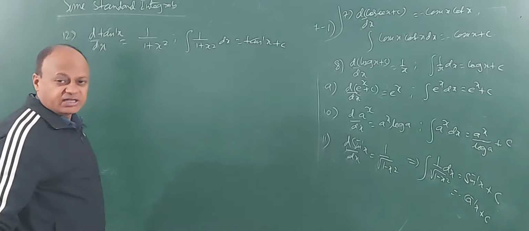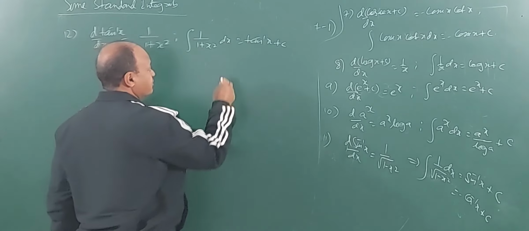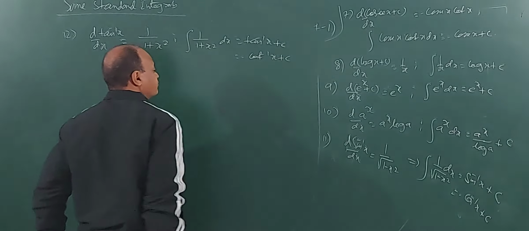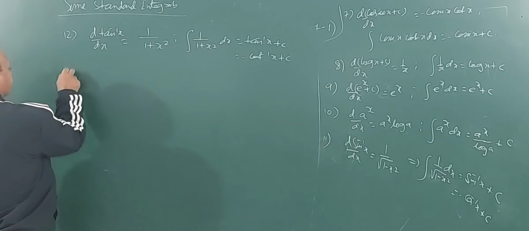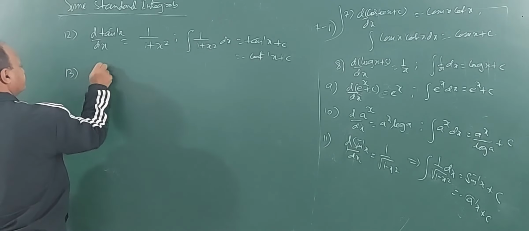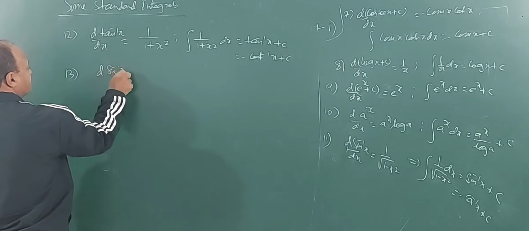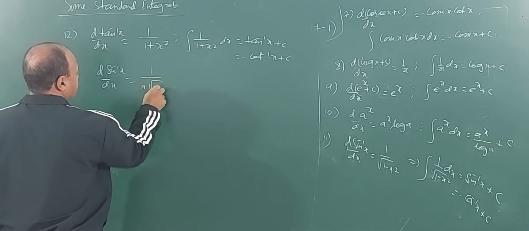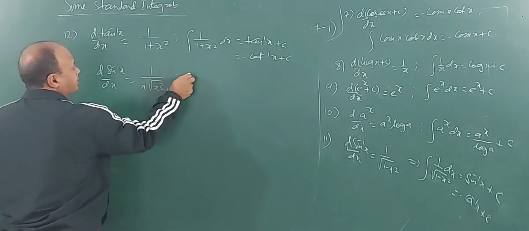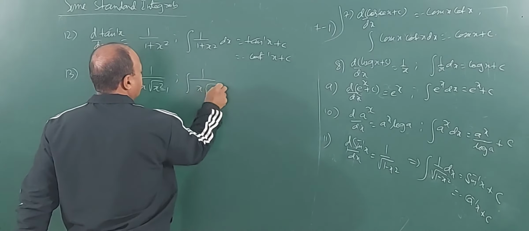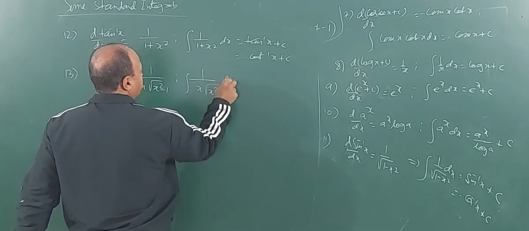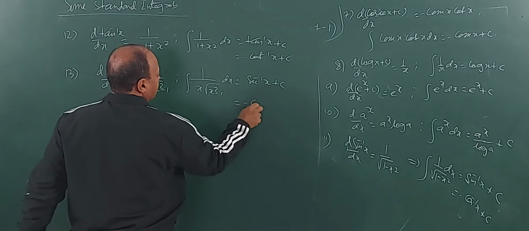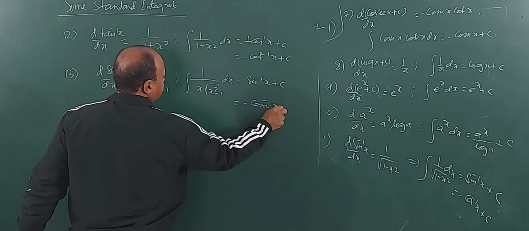And if you do not want to write tan inverse, you want to write cot inverse, it will be minus cot inverse x plus c. Similarly, derivative of sec inverse x with respect to x is 1 upon x root over x square minus 1. So integration of 1 upon x root over x square minus 1 will be equal to sec inverse x plus c or minus cosec inverse x plus c.